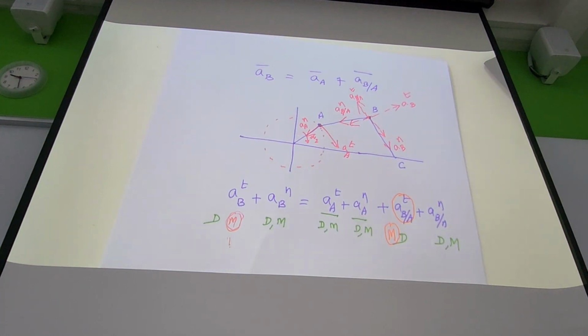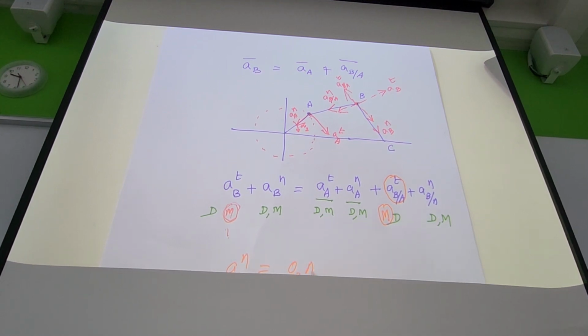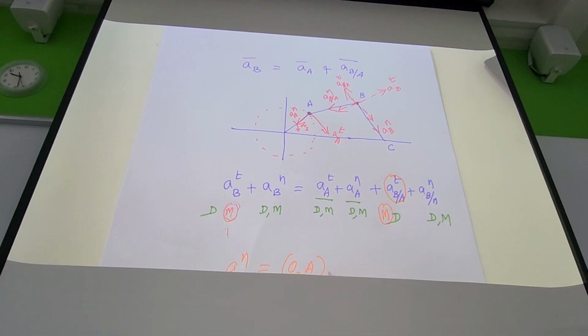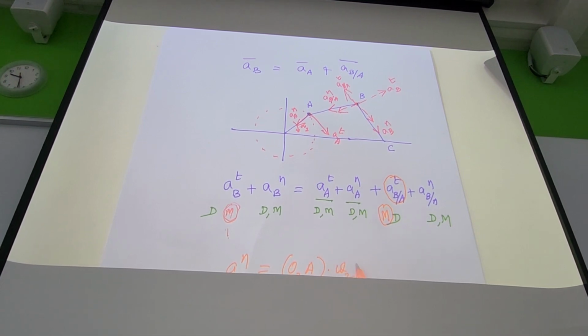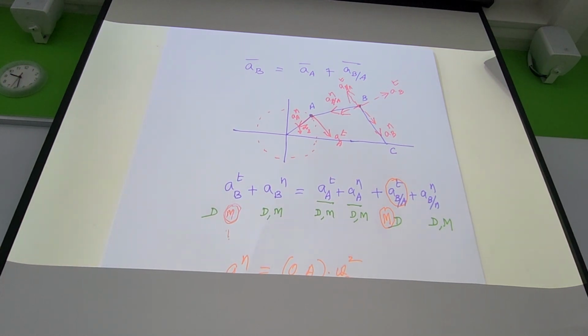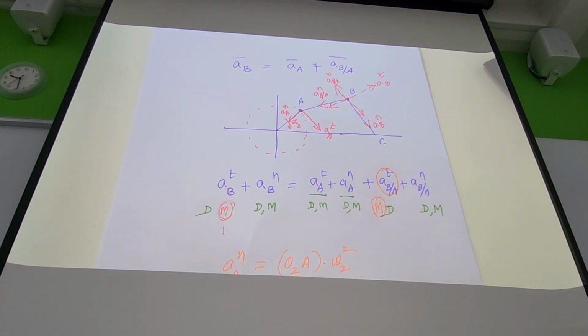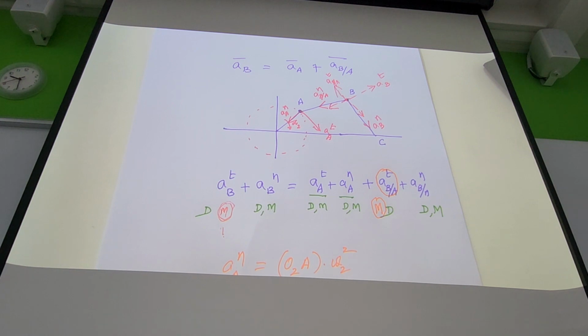For example, what is the acceleration of A normal component? You can say O2A into omega 2 square. Similarly, normal acceleration is simply R omega square.